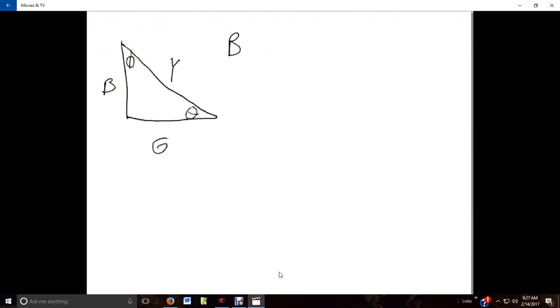Let's say B is 8.2 microsiemens and theta is 25.9 degrees. Let's find the remaining elements of this triangle.